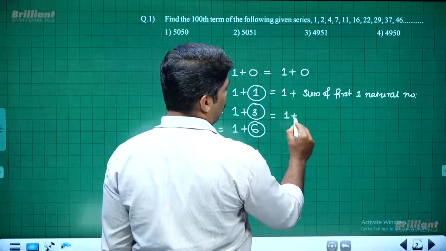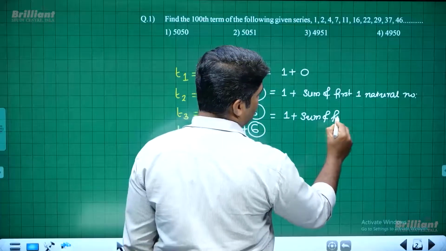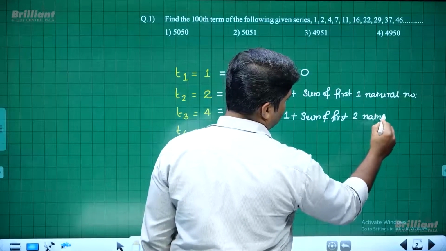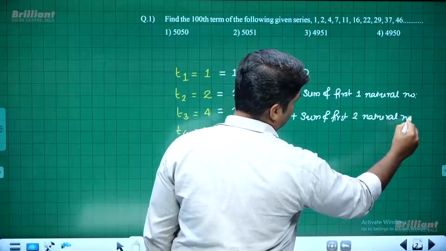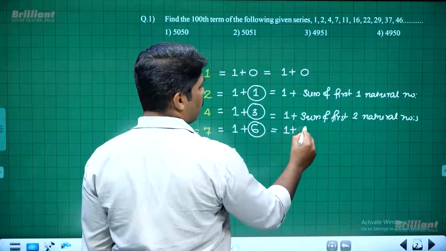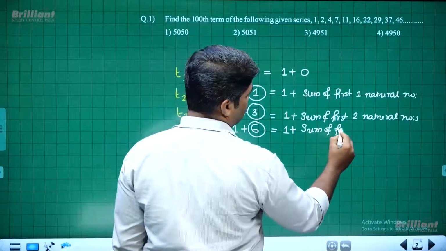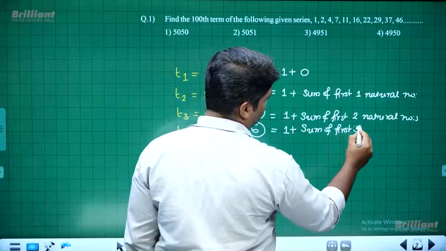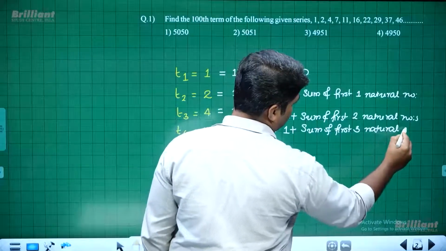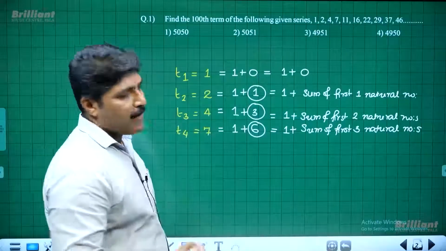So this is 1 plus the sum of the first two natural numbers. In a similar way, this is 1 plus the sum of the first three natural numbers. Got it? So this is the pattern.